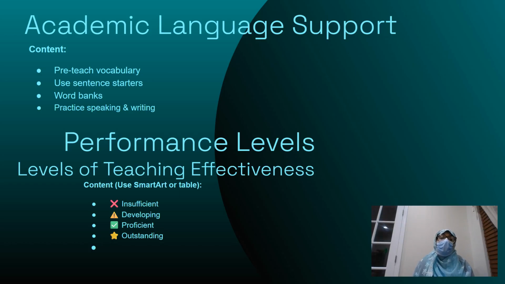Here you can see pre-teach vocabulary and using sentence starters, word banks, practice speaking and writing, and performance levels. So the level of teaching effectiveness, using a smart table, goes from developing, insufficient, proficient, to outstanding. Depending on how they are, the grading would be.